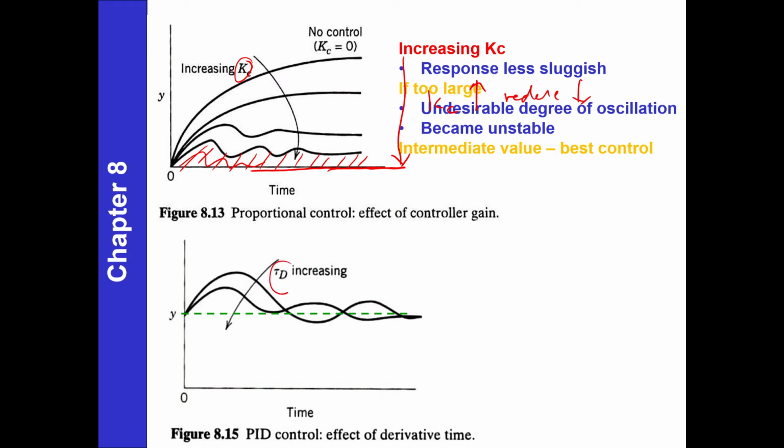This one is the effect of tau D. When tau D is increasing, the response time is reduced. The settling time is reduced, because when you increase the derivative element, this derivative mode will respond faster.